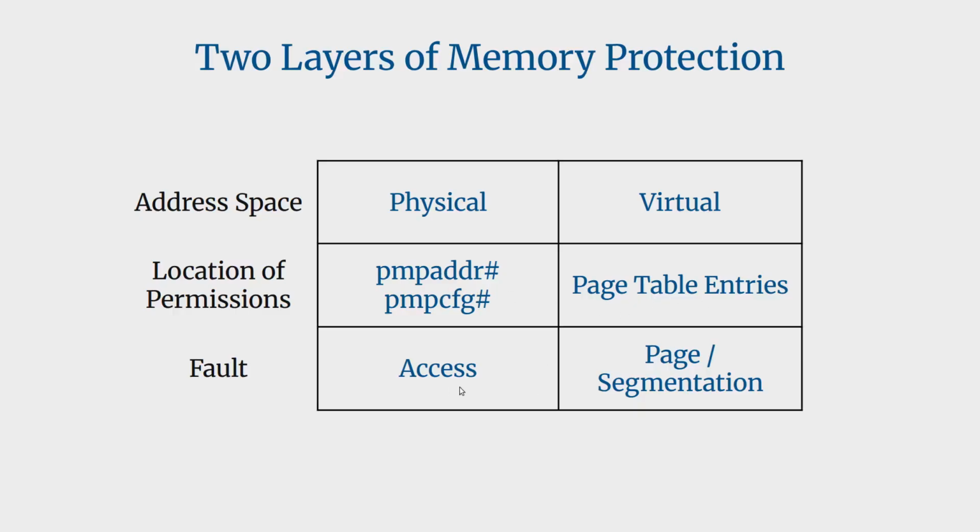And lastly, when faults occur, we generate an access fault if it's a physical access violation, and our firmware can then handle that access fault in whatever custom way it chooses to. Whereas with an access violation that occurs with paging, we're going to generate a page fault, and the operating system is allowed to handle that situation in whichever way it finds useful, which is often to generate a segmentation fault and send the seg fault signal to the process that generated the violation.